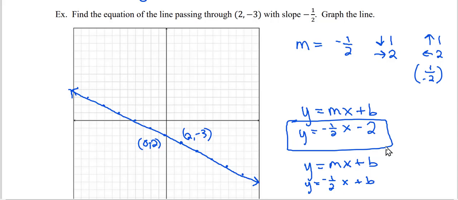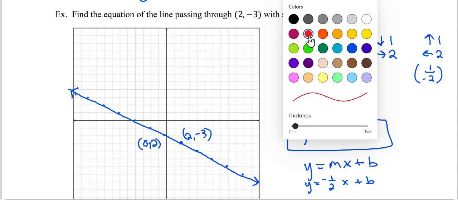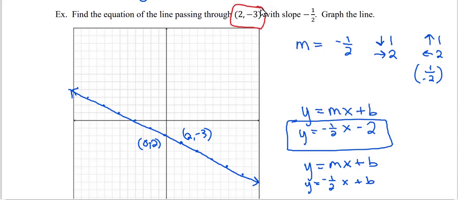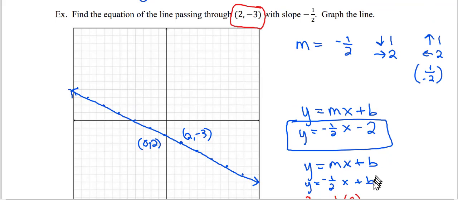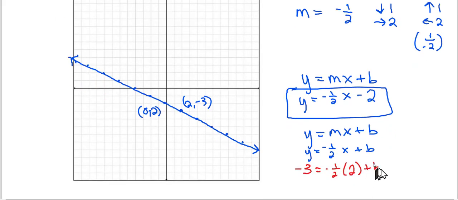If every point on the line has to satisfy it, then this point right here has to satisfy it. And I can put those numbers in place of the x and y to find my b. So I'm going to put the negative 3 in, and the 2 in place of the x. And then I still need my b.